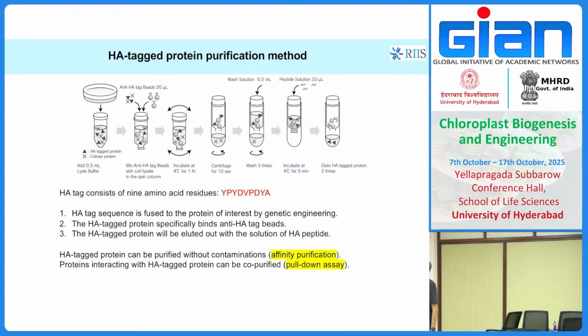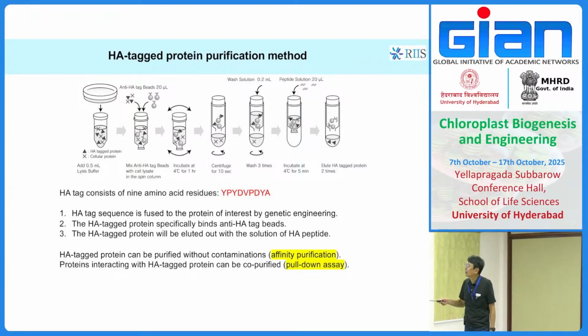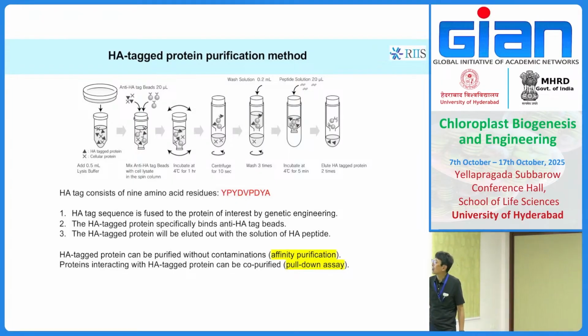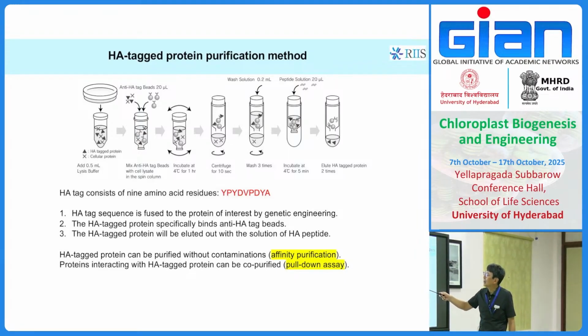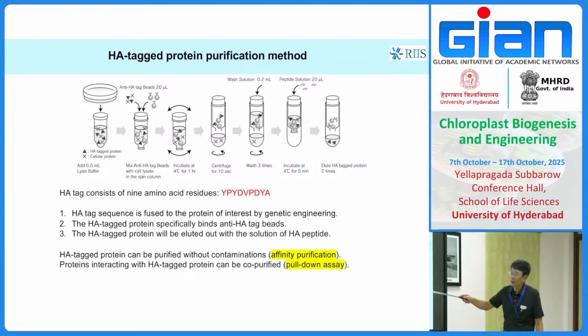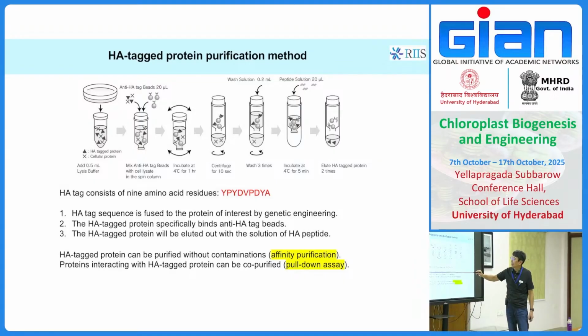And then we purify this. The HA tag is 1, 2, 3, 4, 5, 6, 7, 8, 9 amino acids. And so we put it into the spin column, with beads that specifically bind the HA tag sequence.